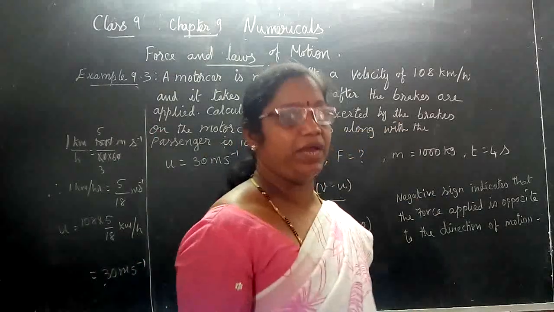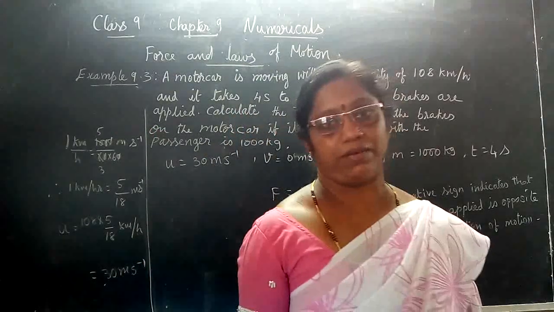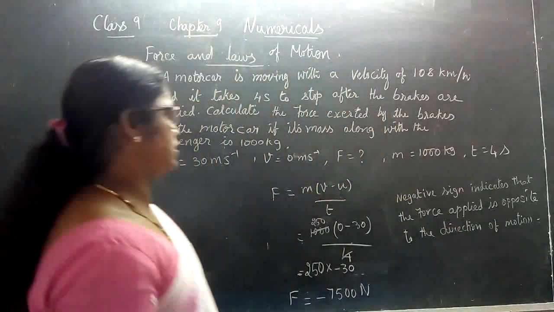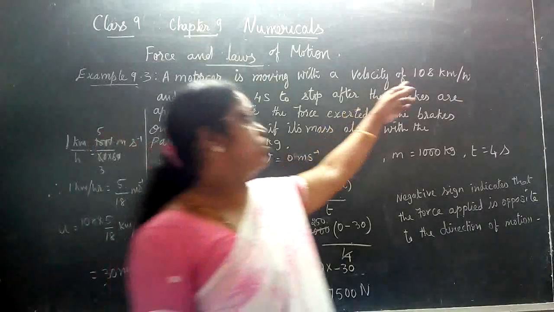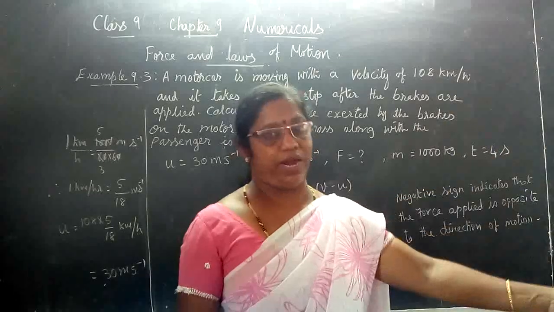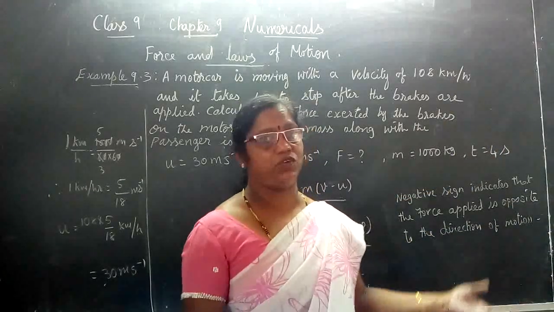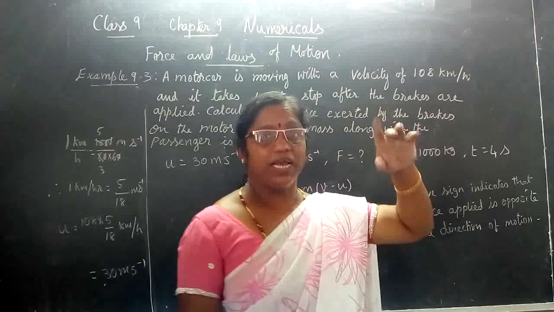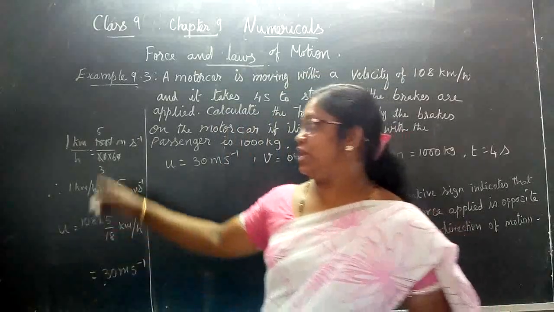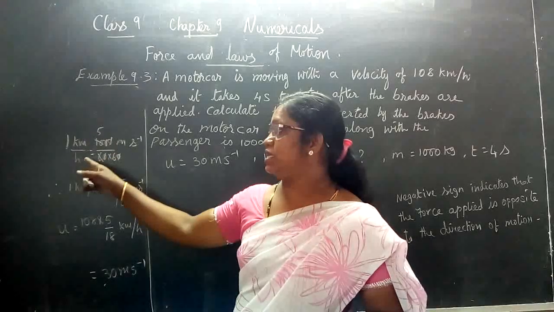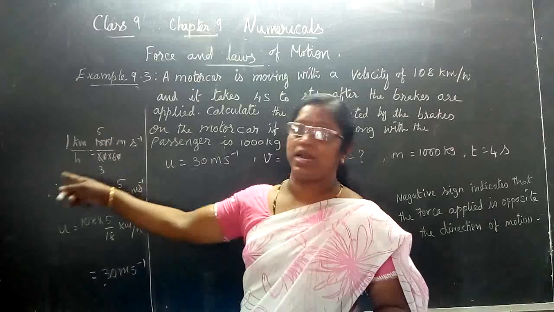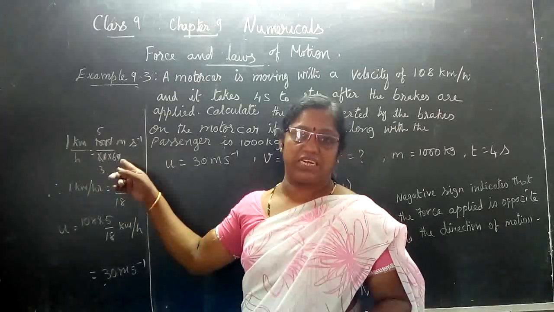When the brake is applied, what is the force exerted by the brake to bring the car to rest? Hence, the initial velocity of the car is, it is a moving car which comes to rest. Hence, the initial velocity u is taken as 108 kilometer per hour, and we have to convert it into meter per second. So, here 1 kilometer per hour is equal to 1000 meter divided by 1 hour, equal to 60 into 60 seconds.